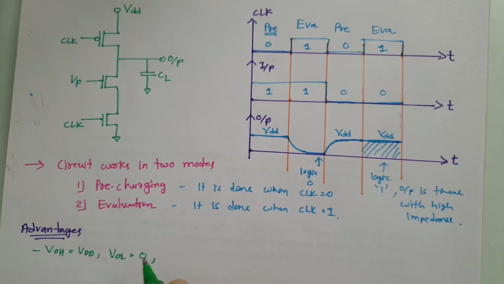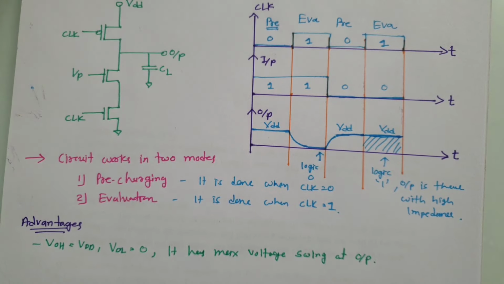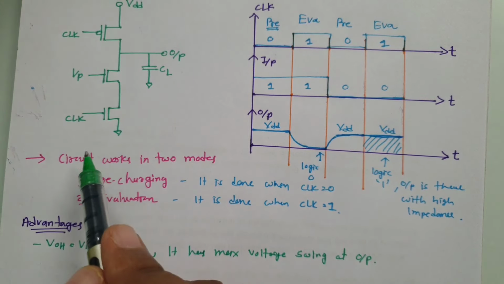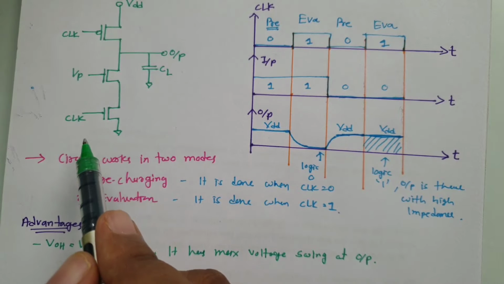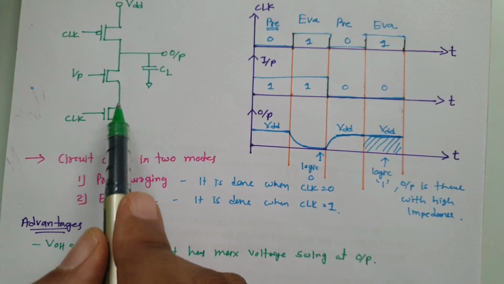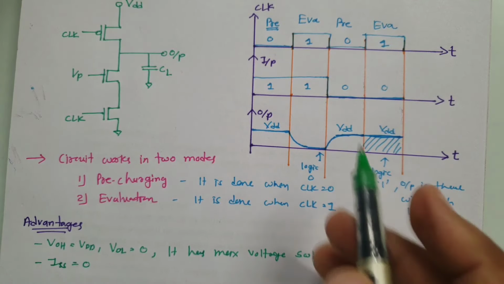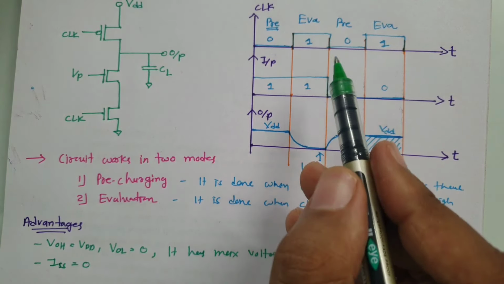So it has maximum voltage swing at the output side. Now if you observe its working, in on and off state at the output side there is no steady state current. So steady state current is 0 when output is equal to 0 as well as 1.